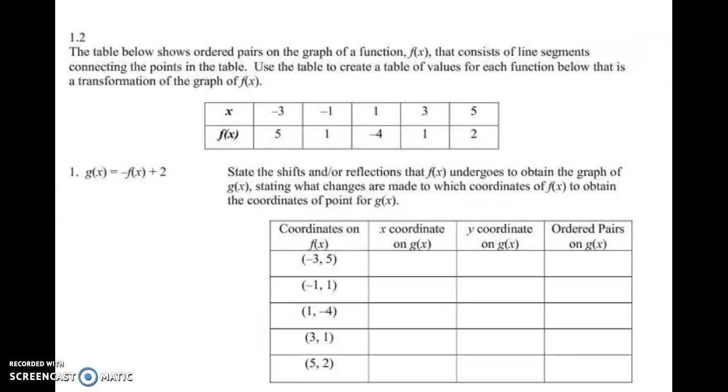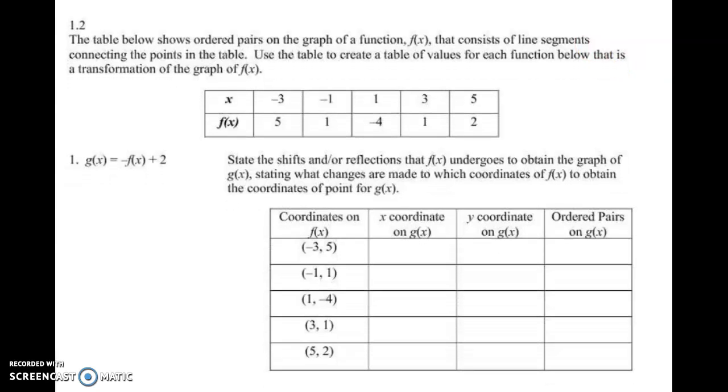Just trying to throw in a little bit more for you is this table. As you look at these rules, it might make more sense if you actually write it out as rules. Notice that the x-coordinate is not changing at all. But if you think of f of x as being the y-coordinate, which it is, it makes perfect sense to just write -y plus 2.